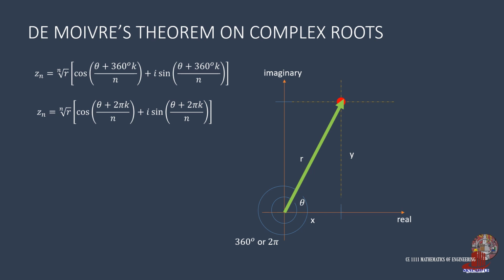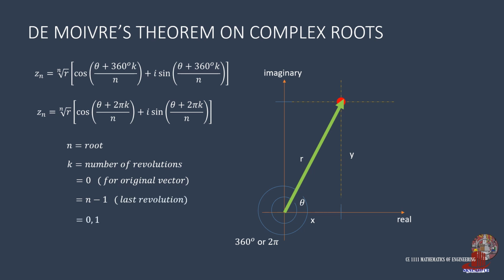In this theorem, n is the root and k is the number of revolutions, starting with 0 for the first root, and k is n minus 1 as the last revolution. So k starts with 0 to 1, 2, until n minus 1.